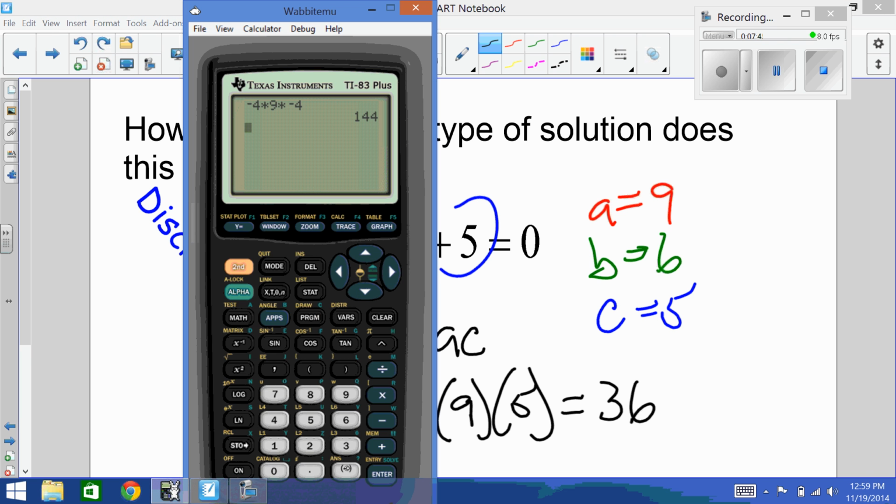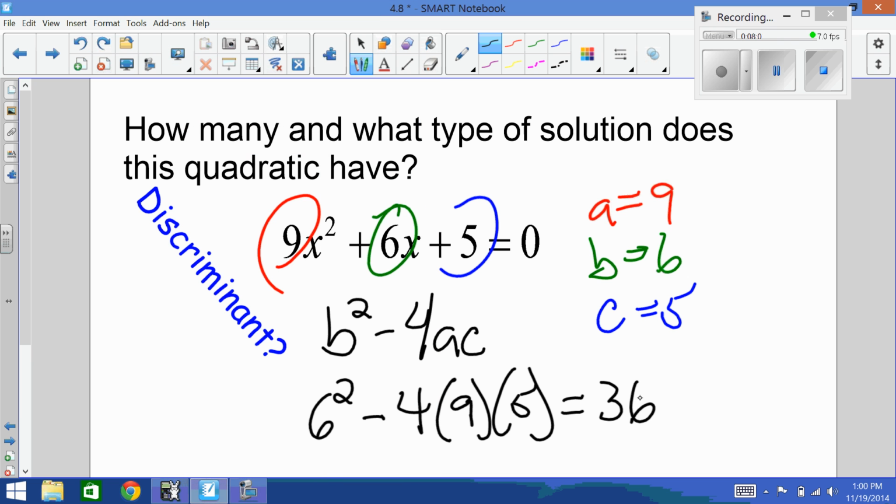So we're going to do negative 4 times 9 times 5, which is negative 180.